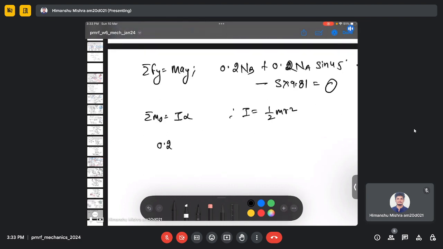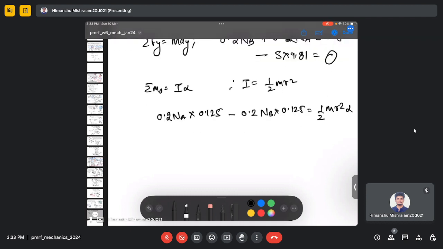So it will be 0.2 NA, and my radius is 0.125, plus 0.2 NB at a distance of 0.125, equals I alpha. So we can simplify this equation.